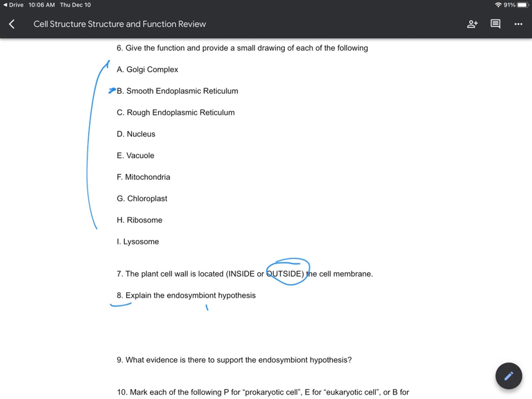So things like they have their own DNA, their DNA is similar in structure to bacterial DNA, they have their own membrane, their own compartmentalization, they reproduce by dividing, they have some similar proteins and ribosomes to bacteria. All of those support the idea that they at some point were a cell like a bacteria.